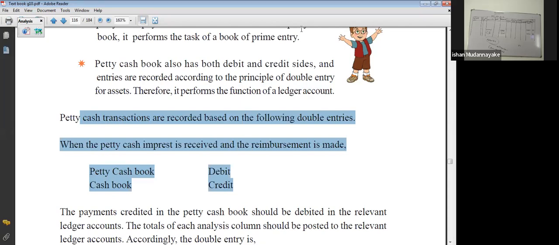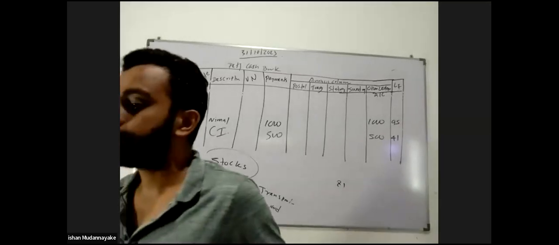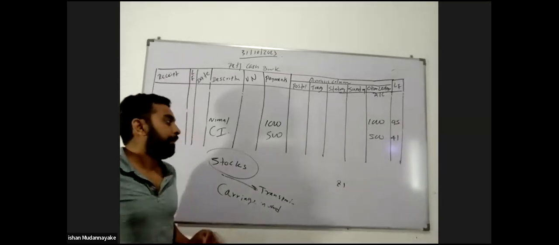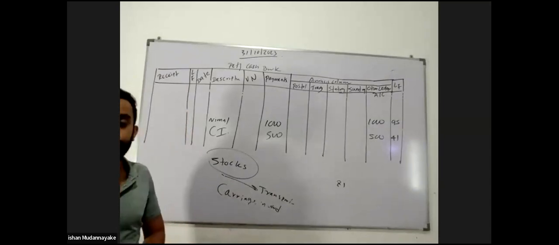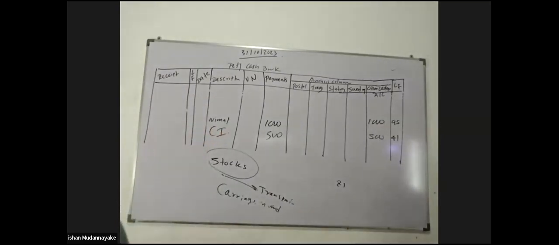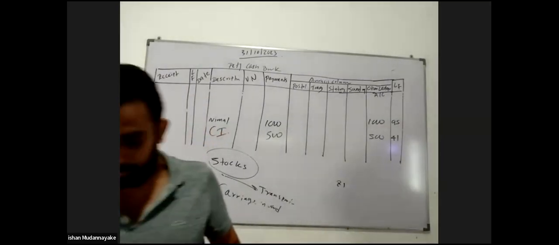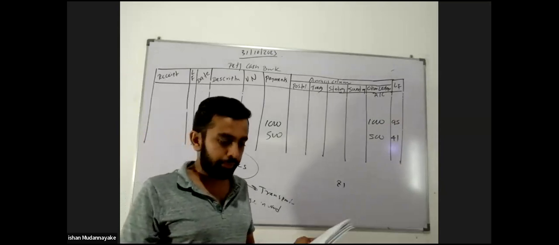Right, then students, we will stop for the day. Next day we will discuss one or two questions related to petty cash of a business organization, and then please complete the homework. I gave you homework on page number 29, question number 8.